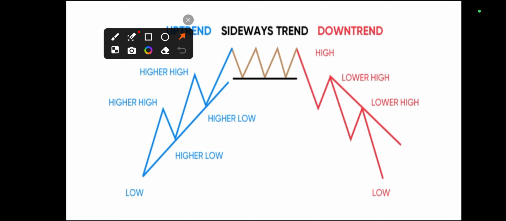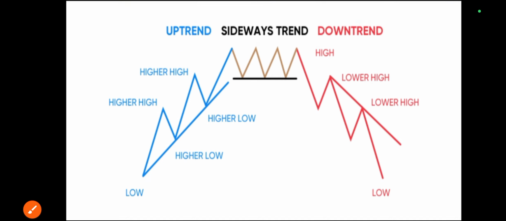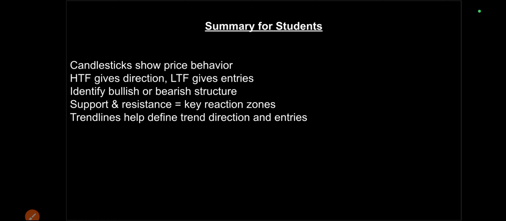There should always be a low for the uptrend before a higher high, then a higher low, then a higher high, then a higher low, then a higher high. While for the downtrend, there's always a high, then a lower high, then a lower low, then a lower high, then a lower low. That is how you identify the uptrend and downtrend.